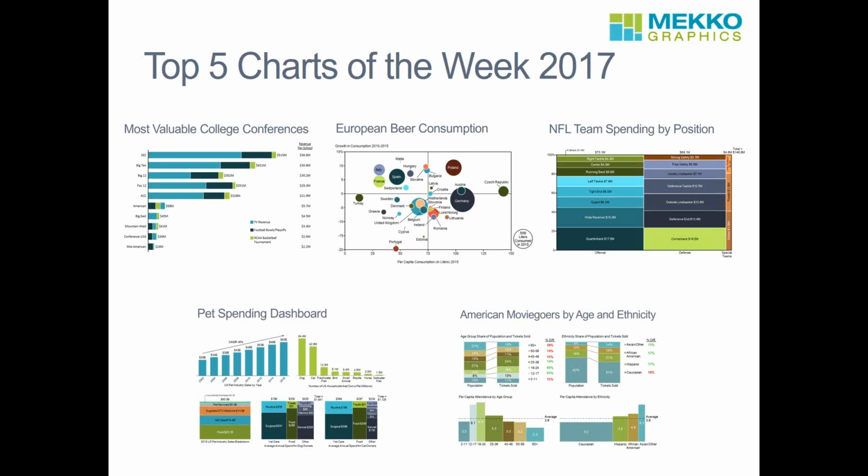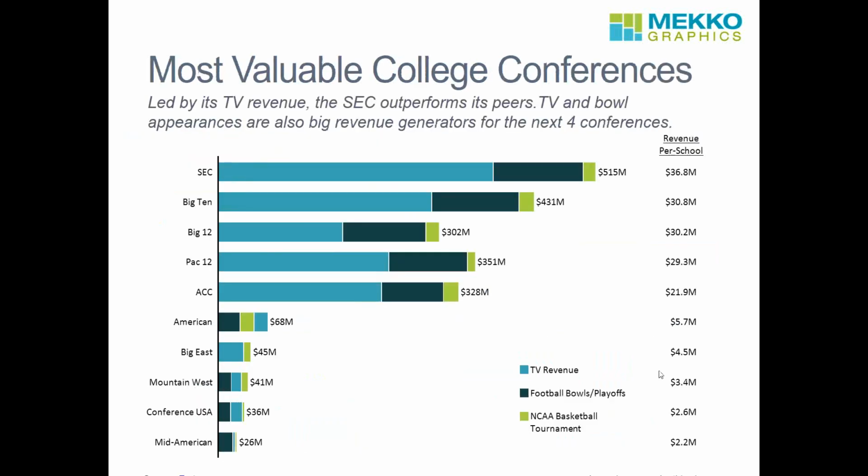Let me start by jumping in and taking a look at the first chart, probably our most popular chart. A chart that I found super interesting, partly because the economics of college sports in the United States never cease to amaze me.